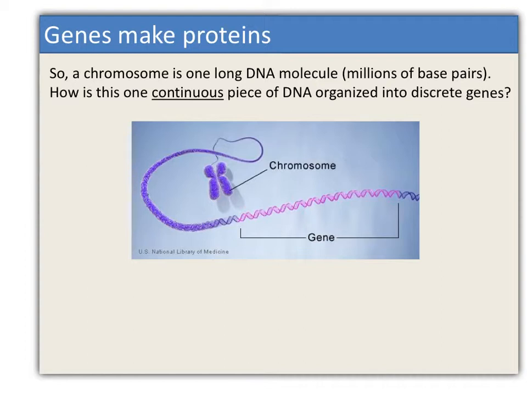So a chromosome is, of course, one long DNA molecule. Each chromosome, one long DNA molecule with millions of bases or nucleotides.